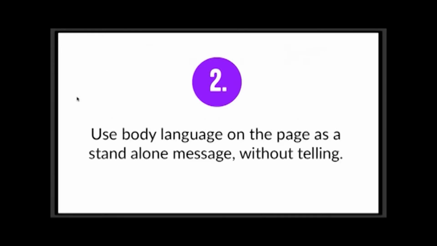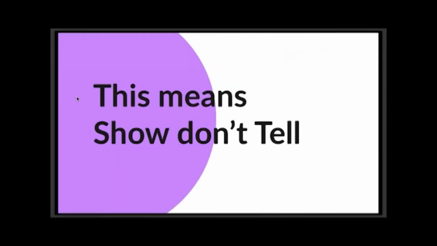Second way to use body language is use it as a standalone message without telling. This is where you can use show, don't tell, but only when it's body language that is very simple or clearly straightforward. The clenching of hands tends to be a pretty straightforward verbal communication.